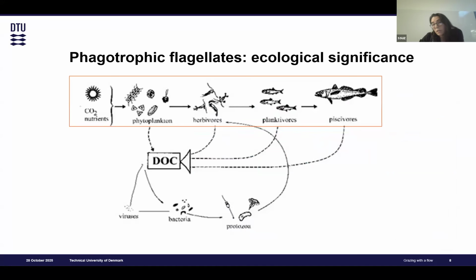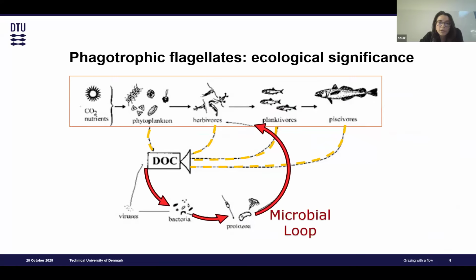So the phagotrophic flagellates are very ecologically significant, mainly because they play an important role in the microbial loop. Basically, they're feeding on the bacteria that are feeding on the dissolved organic matter that is released by the main food chain in the marine or aquatic ecosystems.